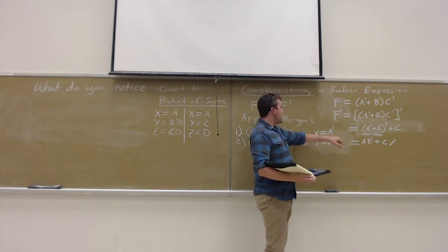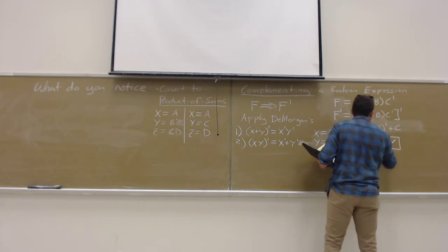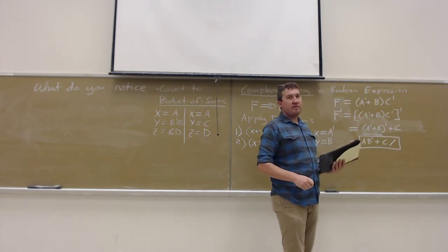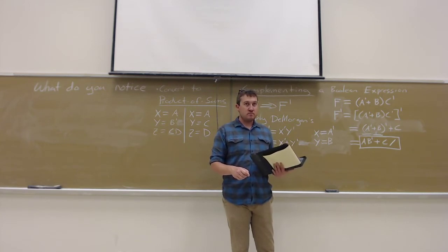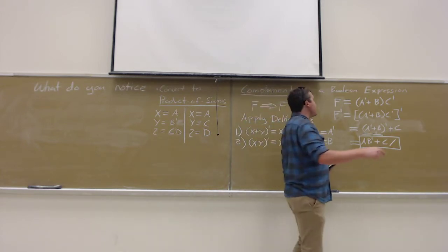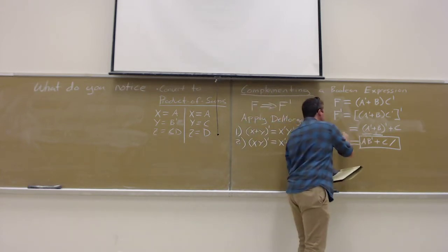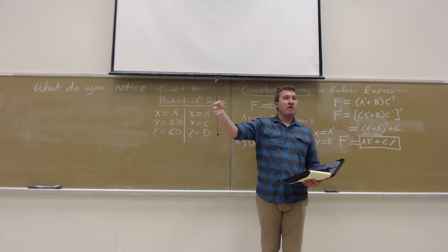It's dangerous because, is this expression equivalent to f? No. Someone on Discord said, you're absolutely right, it's not the same. This is f prime. It's going to have an inverted truth table from f.